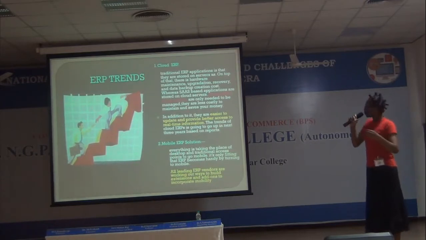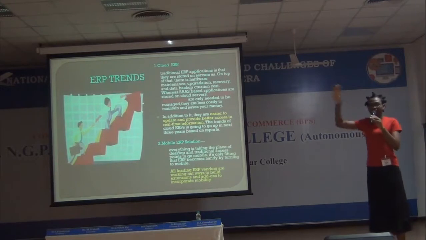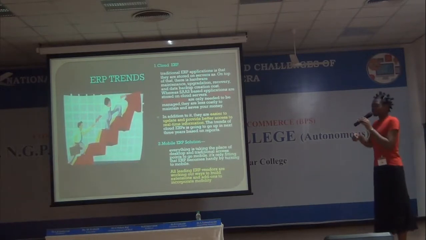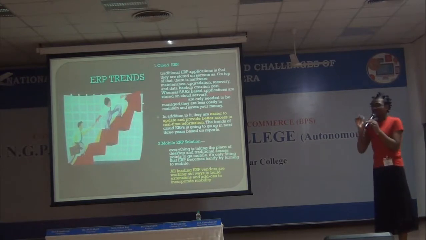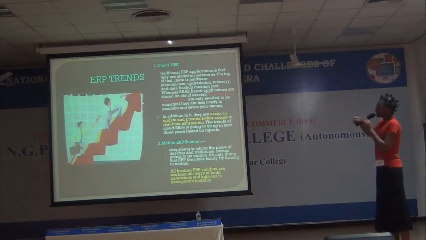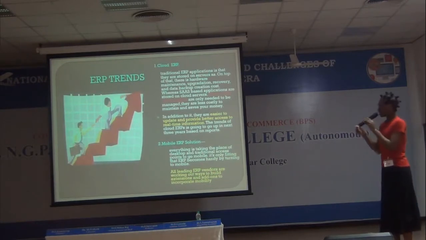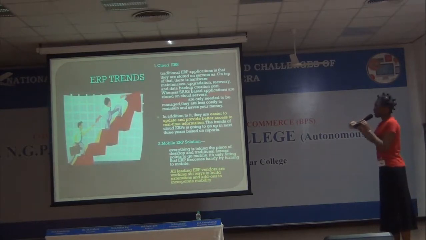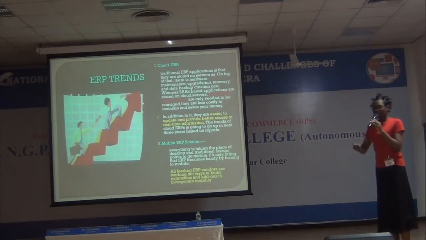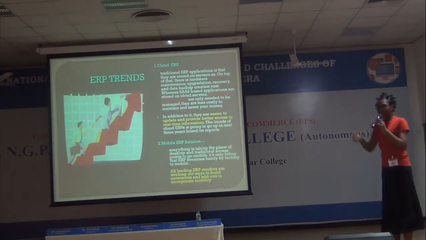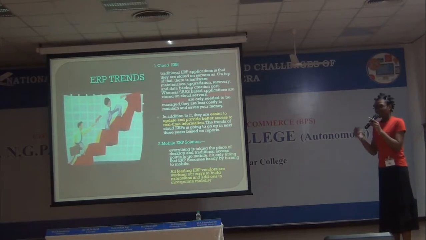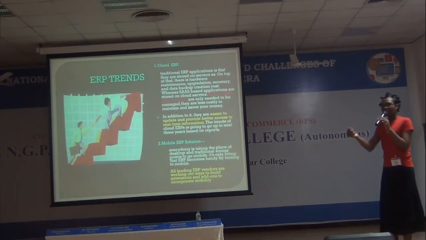They make the software and put it on the cloud, such that there is no need for hardware. The only thing needed is effective management of the system. For example, SaaS, software as a service. It is easier to update. There is no need for a hardware device as such. You can access it at any given time you want.